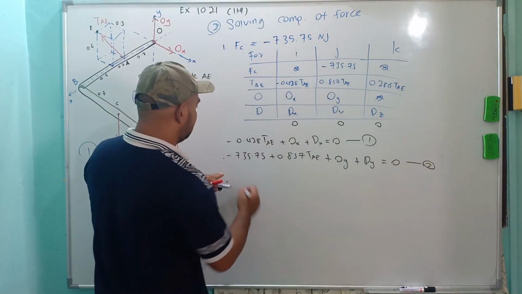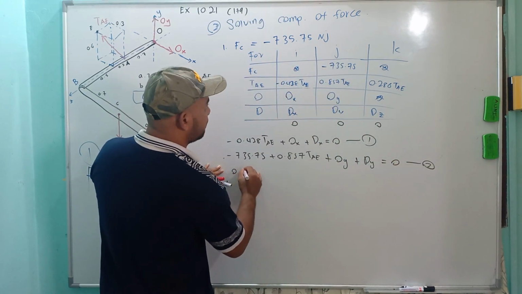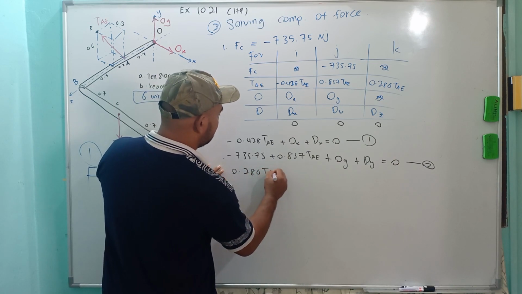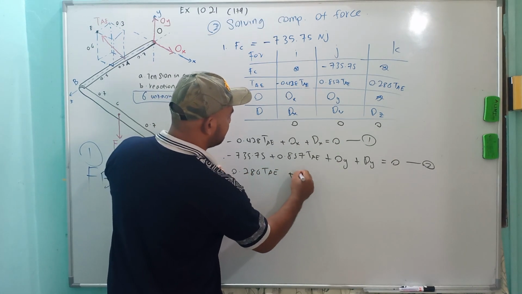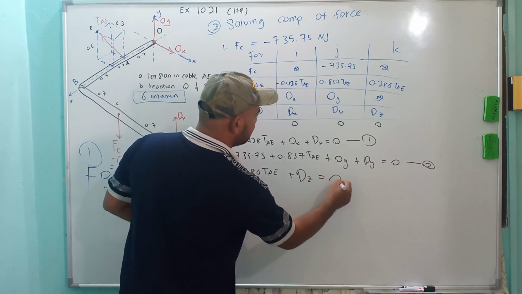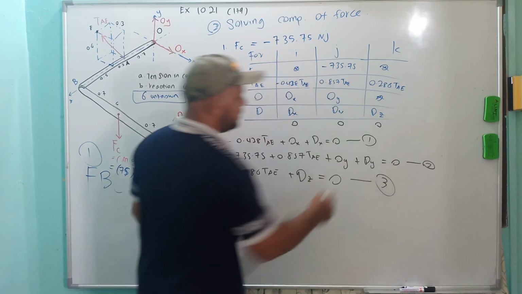Your second equation. And then 0.286 TAE plus DZ equal to 0 is your third equation.